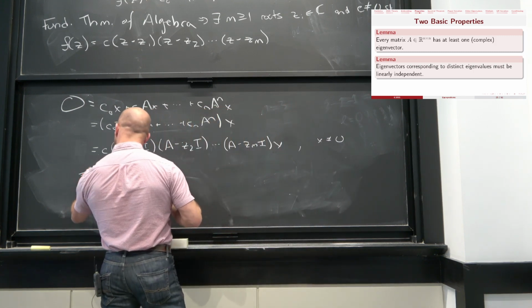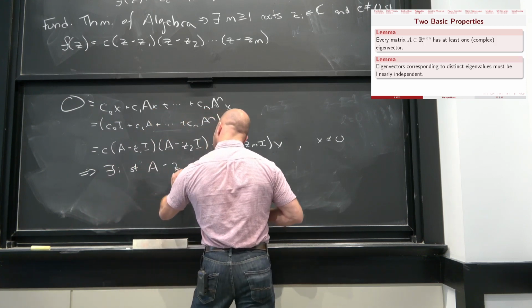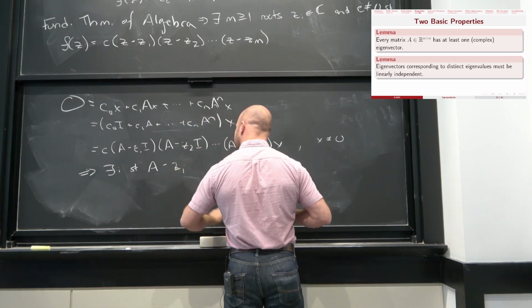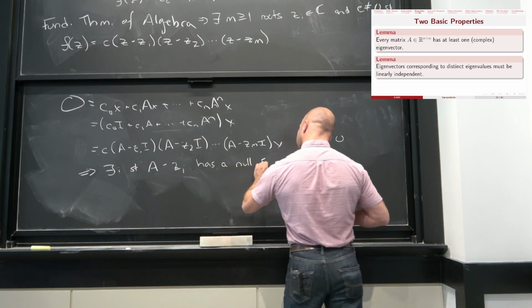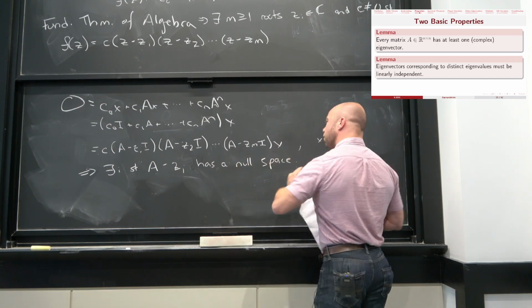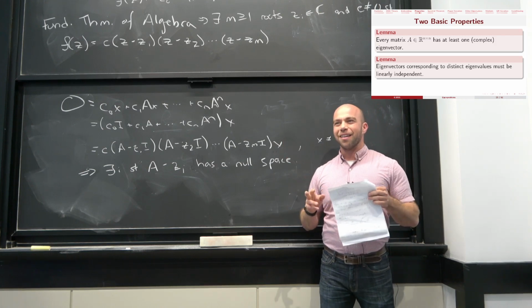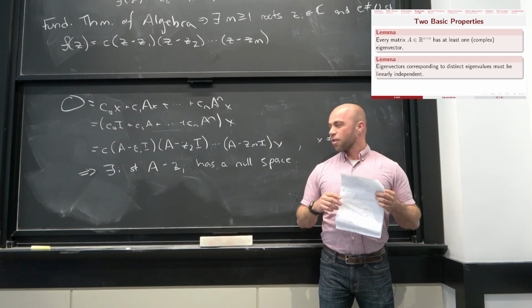So there exists an i such that A minus zi times the identity has a null space. Because otherwise this whole thing would be invertible and x would be 0, but we know that can't be the case. Does that make sense? Okay.